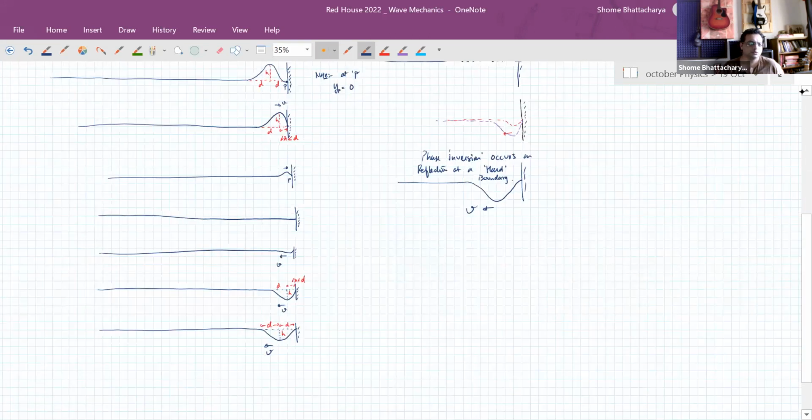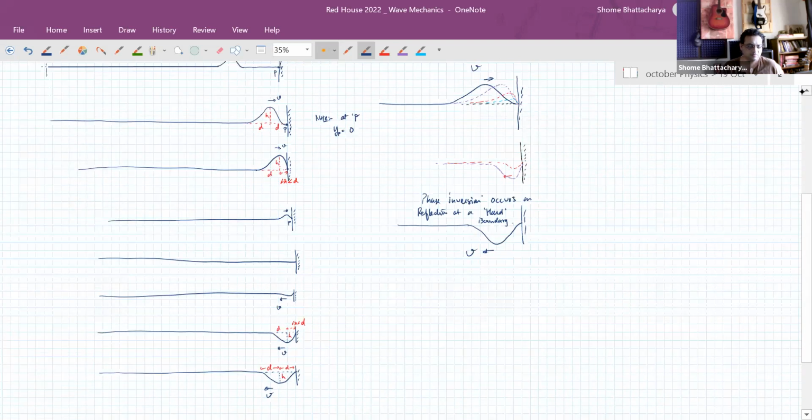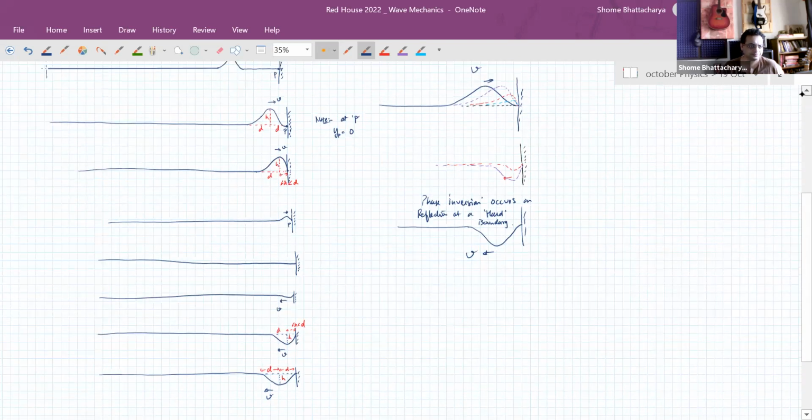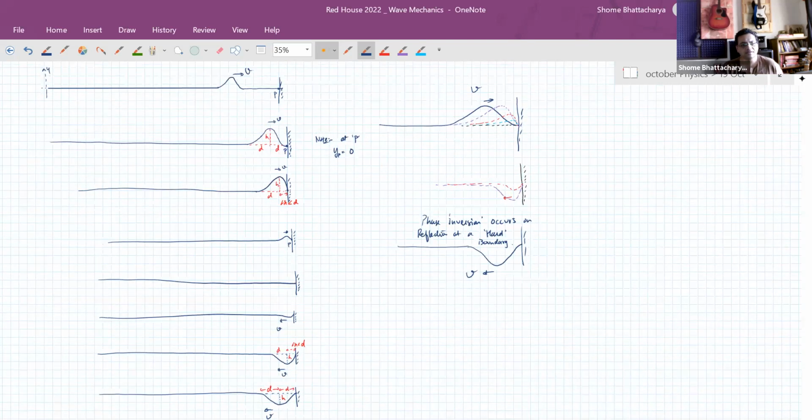Okay, now it's very interesting to note what happens in terms of mechanical energy here. A single traveling pulse of this type is actually carrying both kinetic and potential energy with it as it travels. But as it reflects, at a certain instant, the ratio of kinetic and potential energy that it's carrying starts to change. And it reaches a situation where it has a lot of kinetic energy, but hardly any potential energy.